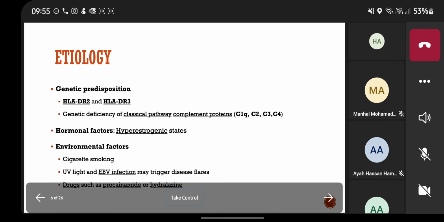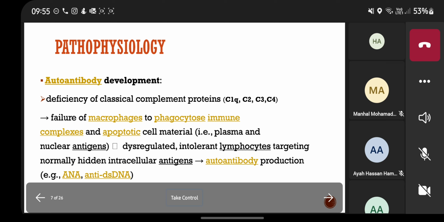The pathophysiology is due to antibody development or autoimmune reaction. The autoantibody development is due to deficiency of the classical complement protein, which causes failure of macrophages to phagocytose immune complexes and apoptotic cell material like plasma and nuclear antigen.